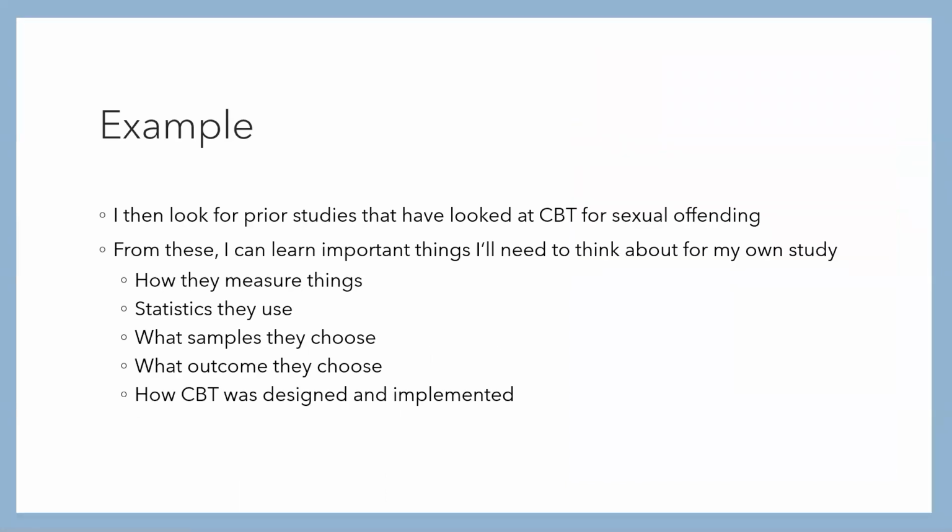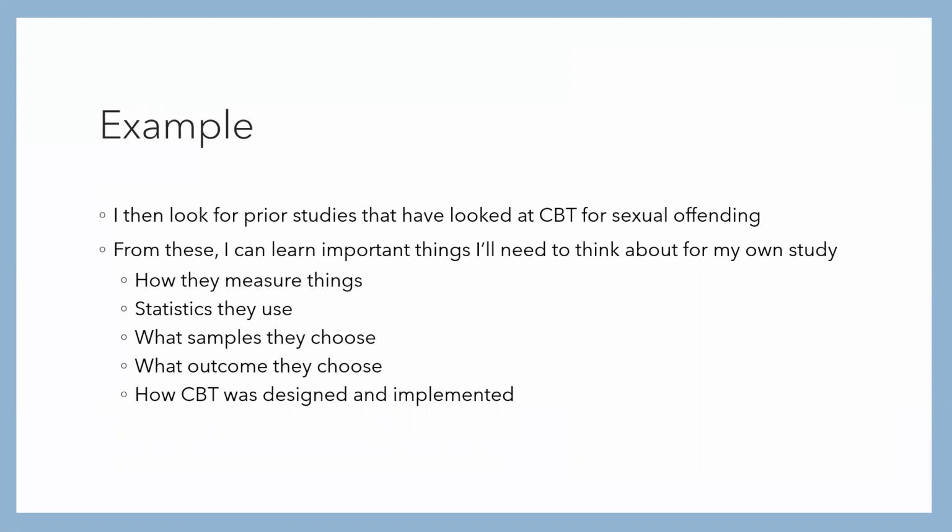So going back to our example, step 2 in action would see me looking for prior studies that have looked at the effect of CBT on sexual offending. From these prior studies, I can learn important things, like how researchers that have already looked at this topic measure the constructs I'm hoping to measure, the statistics they use, what type of samples they chose, what outcome variables they chose.